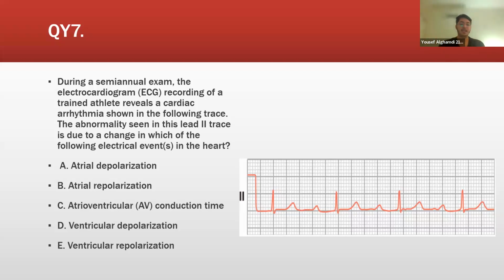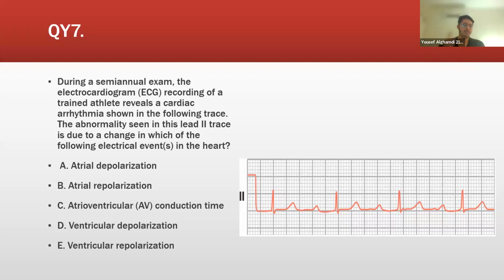Second degree AV block, we have 2 types: Mobitz 1, Mobitz 2, or type 1, type 2. Second degree type 1 is progressive prolongation with a dropped beat. So it would be prolonged, then more prolonged, then more prolonged, then P with no QRS.